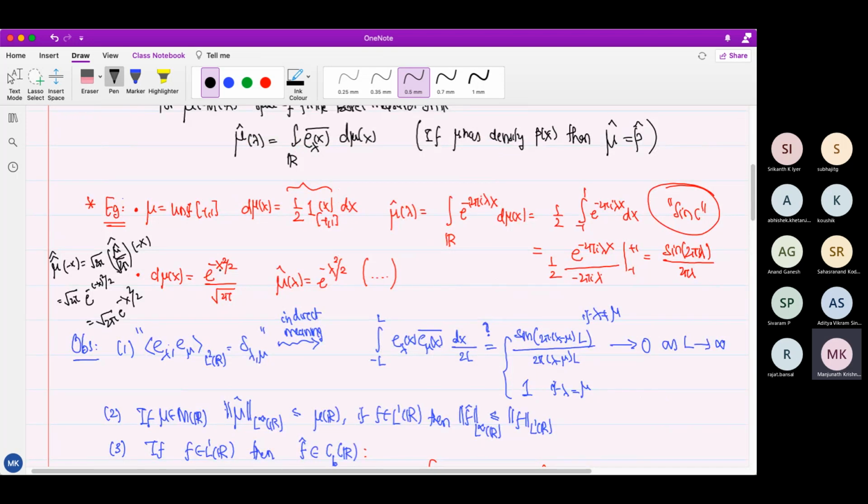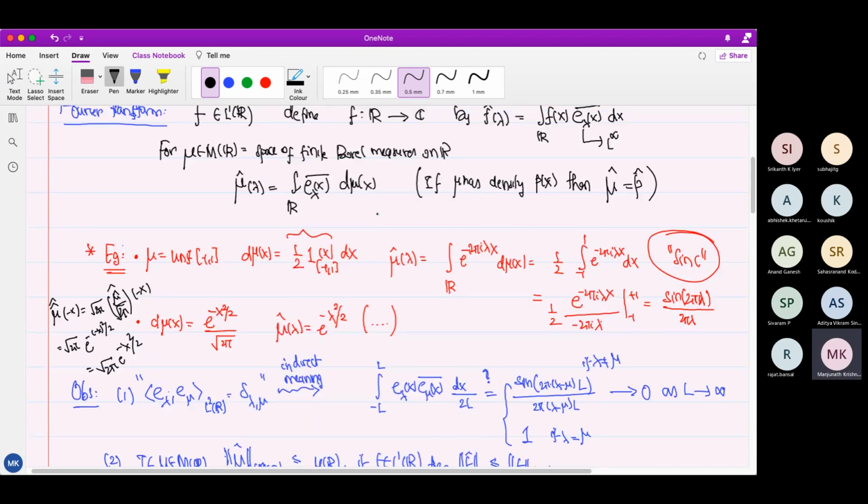Yeah, so I don't know what I should do now. It's not true that mu hat is this. This is true if I take e to the minus i lambda x. So I am now unsure about a lot of things. What should I do? Yeah, it's a pain now. I should have just stuck to e to the minus i lambda x, which at least I usually remember.